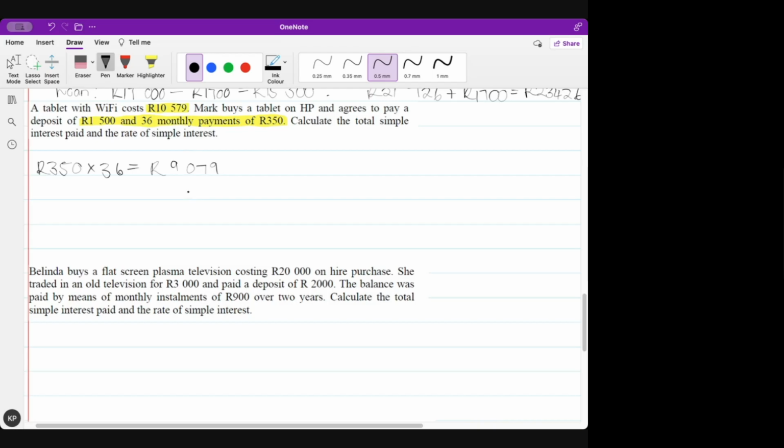I'm going to write my formula up here because my brain doesn't work without the formula. A = P(1 + i × n). Okay, so it costs 10,579. The deposit is 1,500 rand.